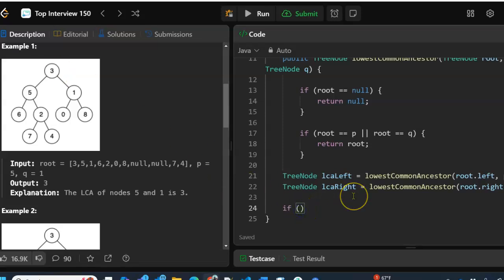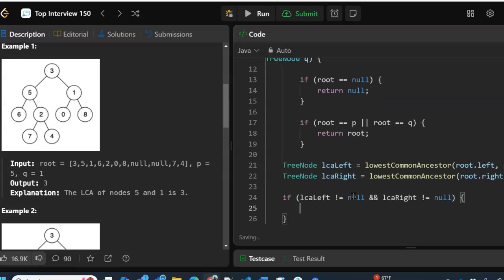So let's put that in. If LCA left is not equal to null, and LCA right is not equal to null, return root. We found it.